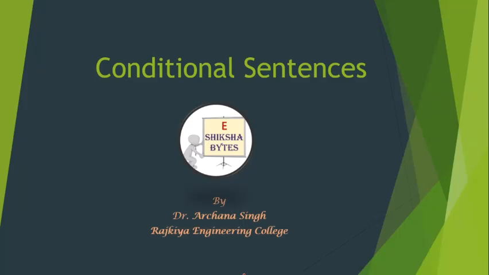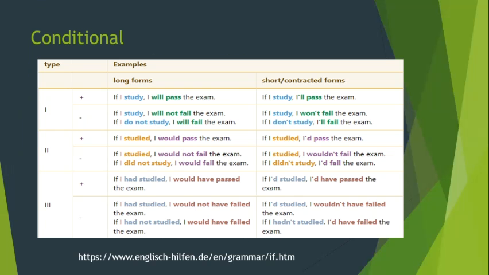In the previous session we studied conditional sentences, and in today's class we are going to do the revision as well as the exercises on conditional sentences. You know that conditional sentences are statements having a conditional clause and the consequence.